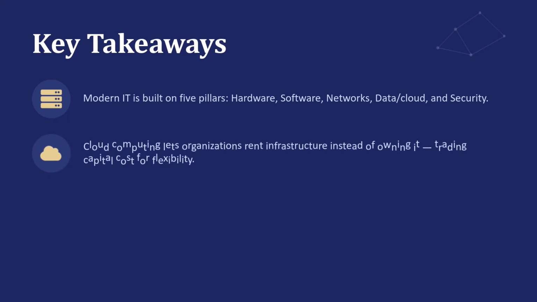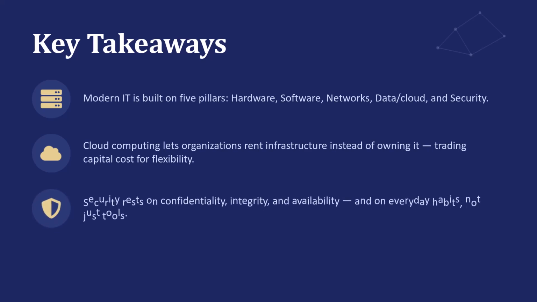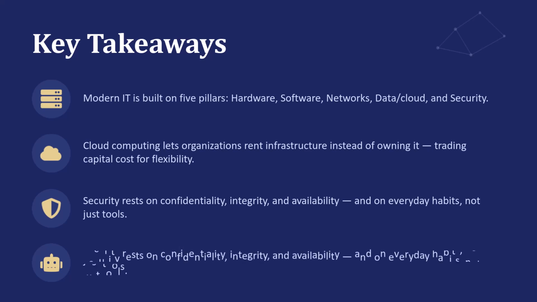Cloud computing lets organizations rent infrastructure instead of owning it, trading upfront capital cost for flexibility. Security rests on confidentiality, integrity, and availability, and just as much on everyday habits as on technical tools. And AI, IoT, mobile, and data analytics are actively reshaping how systems are designed and used right now. That's the landscape of modern IT in broad strokes.